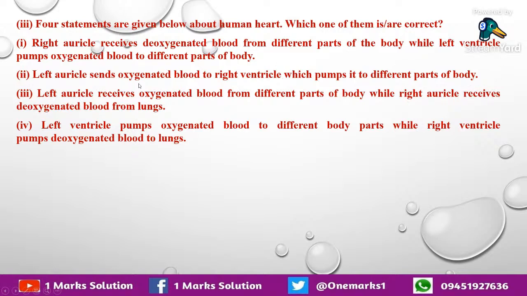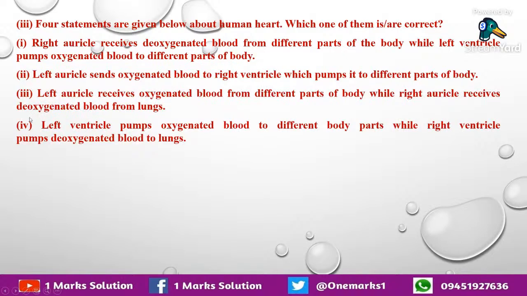Left auricle receives oxygenated blood from different parts of the body, while right auricle receives deoxygenated blood from lungs. Left auricle receives oxygenated blood, that is correct, but not from different parts of the body. It receives it from the lungs.